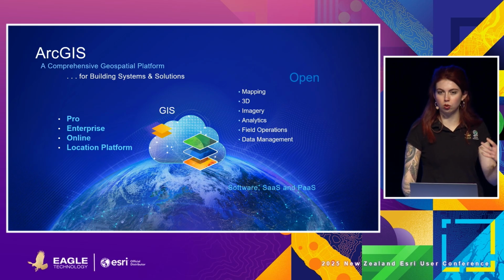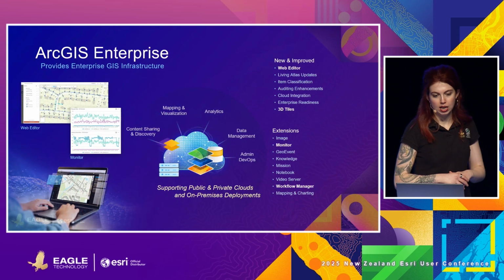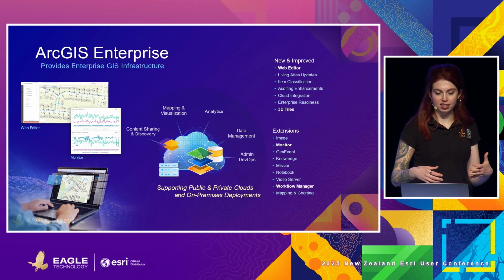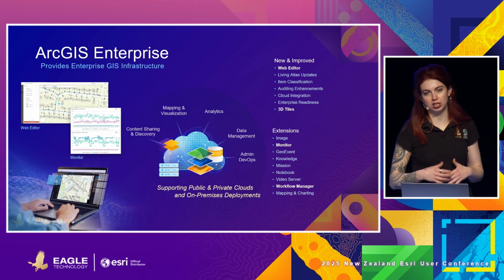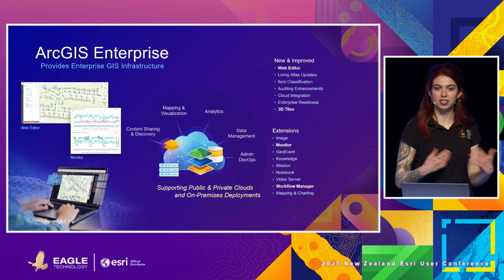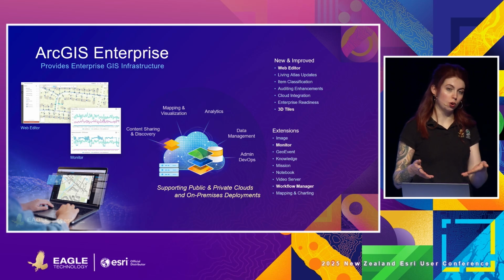We have SaaS, or we have PaaS, Platform as a Service. And so Enterprise is the foundation software system for GIS that powers mapping and visualization, analytics, and data management. And it is managed by you guys, which is very different than ArcGIS Online, which is dynamically managed for you.